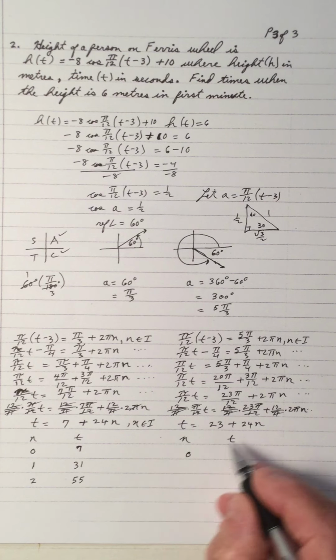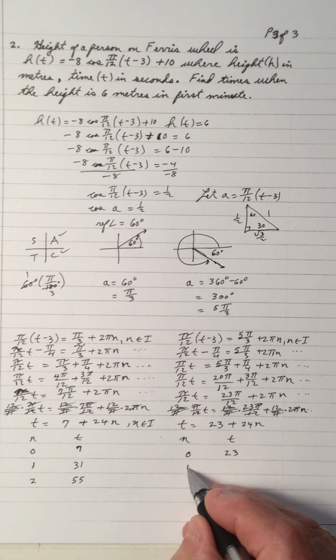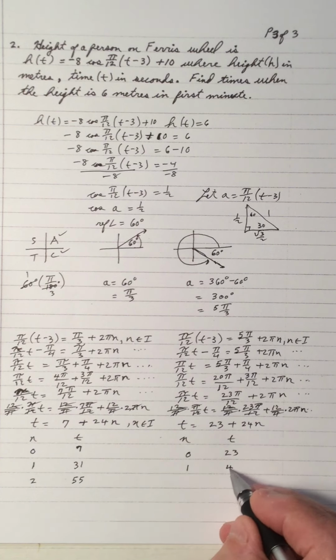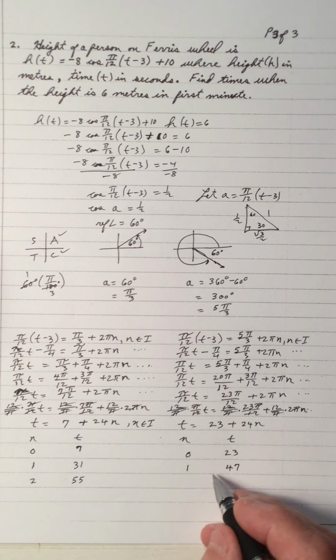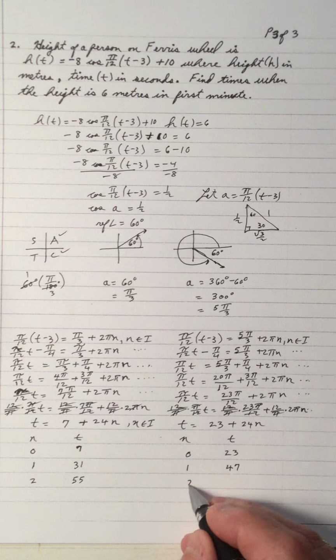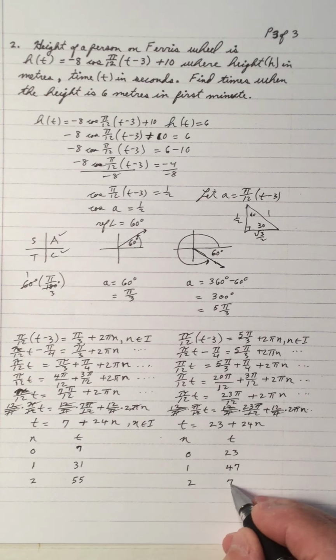So when n is 0, that's a 0, we get 23. When n is 1, we get 24 plus 23 is 47. And when n is 2, 2 times 24 gives me 48 plus 23 is 71.